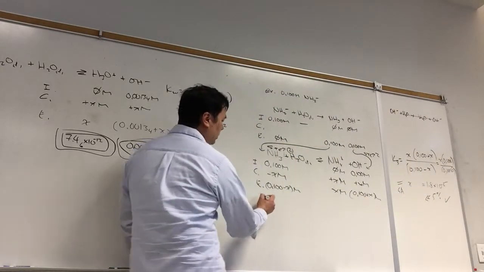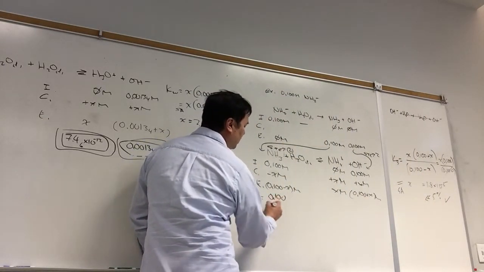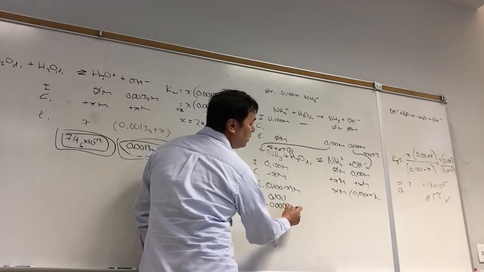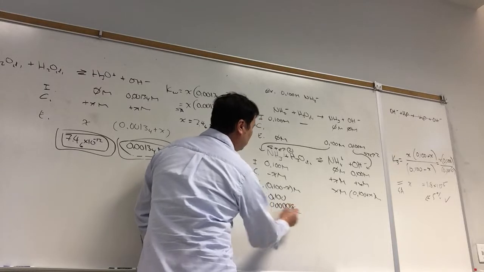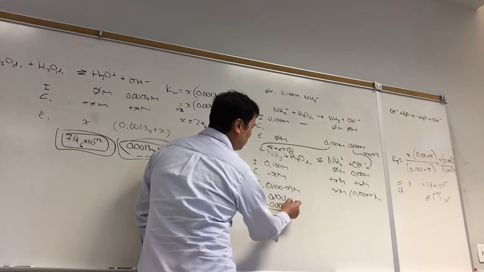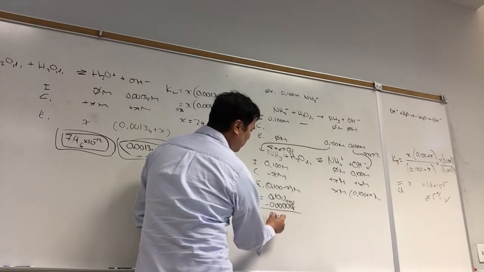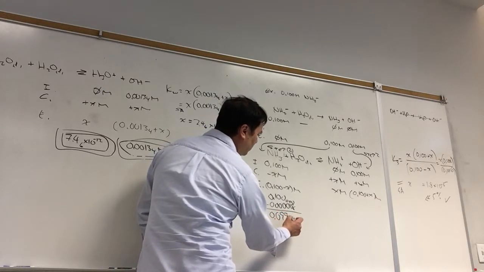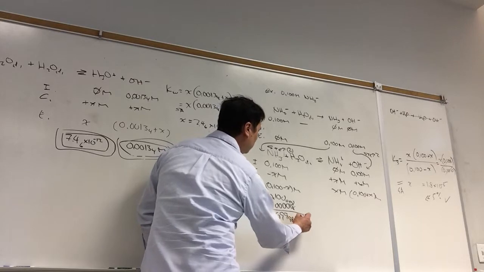And so the ammonia here is going to be 0.100 minus x. So I need 4 zeros, 1, 2, 3, 4, and a 1, 8. And so this is going to give me 0.099 sub 982 molar.